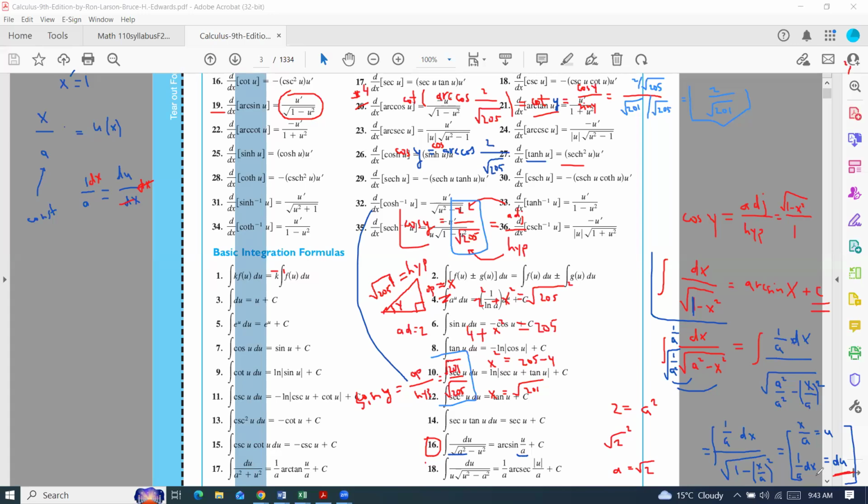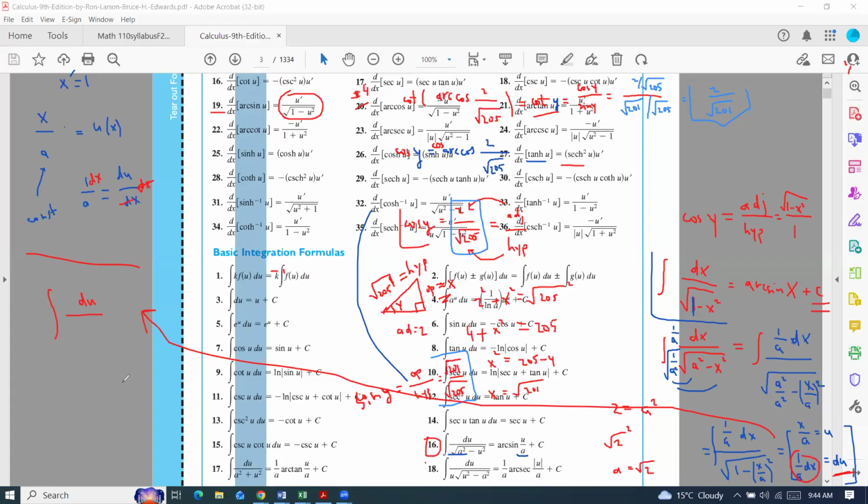So once we have that substitution performed, notice that our integral will have a numerator which is just a du. This whole thing will be replaced with du to help us integrate. And that fraction, x over a, will be u.